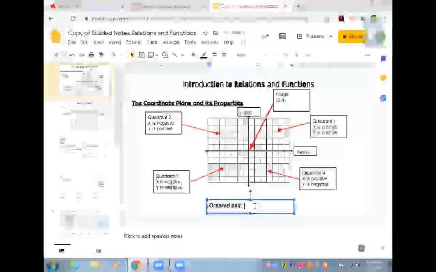All right, and the last thing to talk about with the coordinate plane is that we have all these points that we write as an ordered pair, and they're going to have an x and a y. Which one comes first, the x or the y? The x. So in an ordered pair, it's the x coordinate, then the y coordinate.